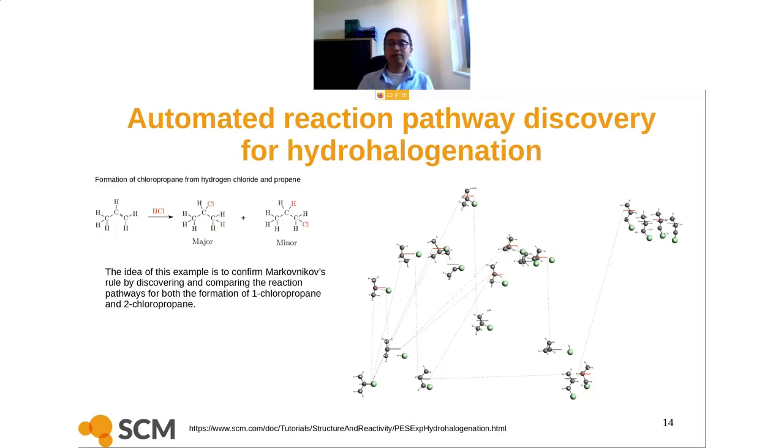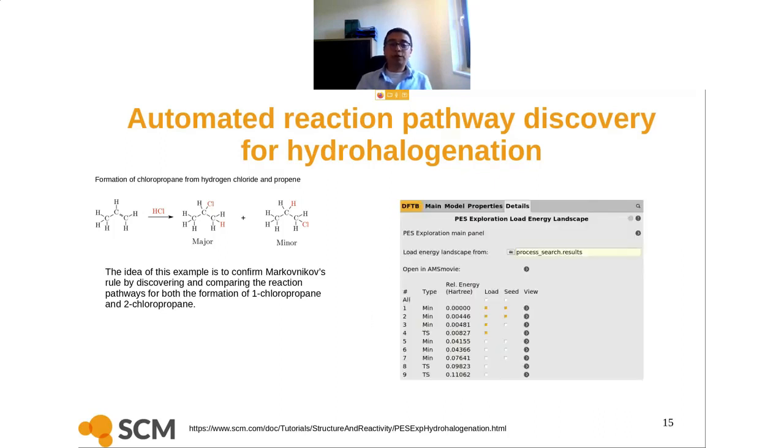I will show later. Also, if, for example, you decide to run the algorithm again, you can restart the calculation just giving the results folder of the previous calculation, and after that you can select which states you want to include in this new exploration, and which of them are going to be seed states.